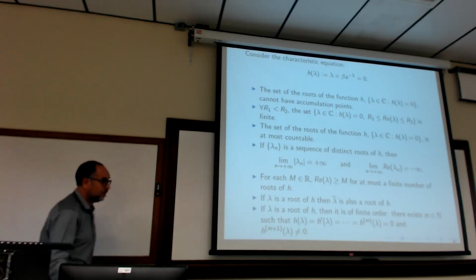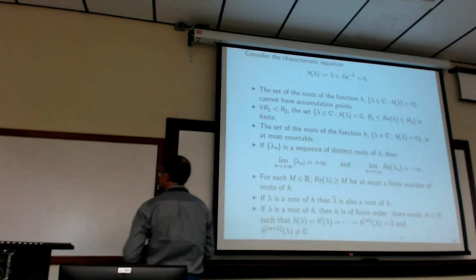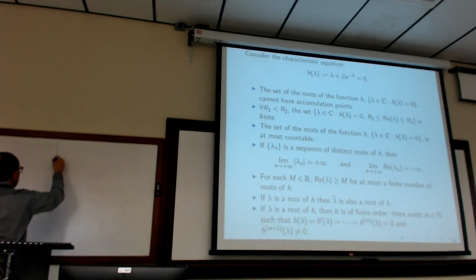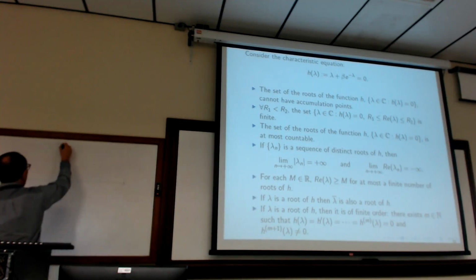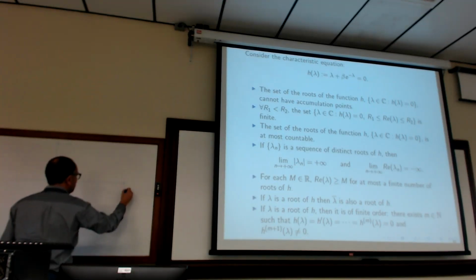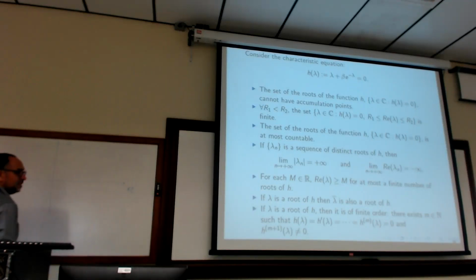Let's say we know this property, and this is my complex plane. I know that if I choose a vertical axis, I have a finite number of solutions of this on the right.